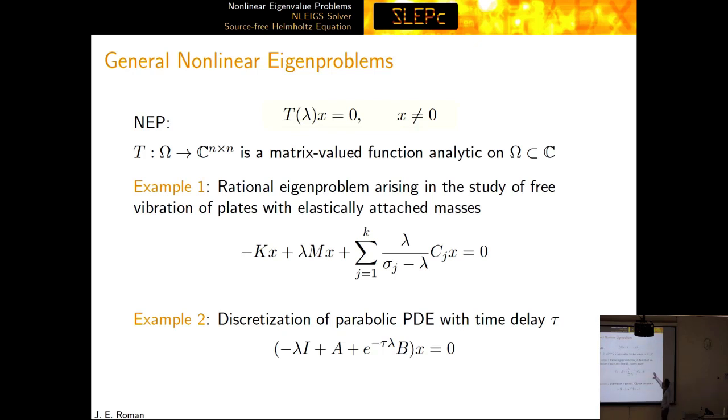In the first example, we have a function that is represented in this way, with a linear part, and the nonlinear part in this case is rational. Another example is one in which the nonlinear part is an exponential function. So the solvers that we have can in principle solve different types of nonlinear functions.